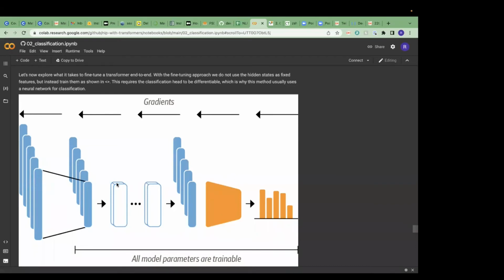Yeah, exactly. The feature extraction was using an already pre-trained transformer on text data. It was probably trained as a language model, which is like predicting the next token in the text.